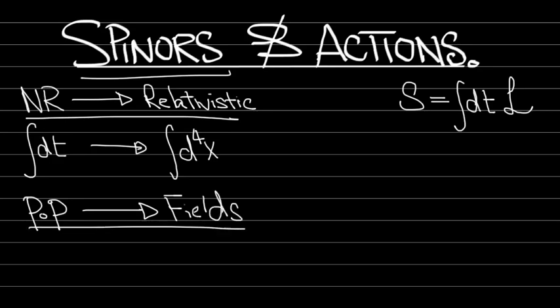Now for this, what we do is we have for point particles some function of time, that is position function with respect to time, and we just change that with some field function, say phi of a 4 vector, that is x mu, right?